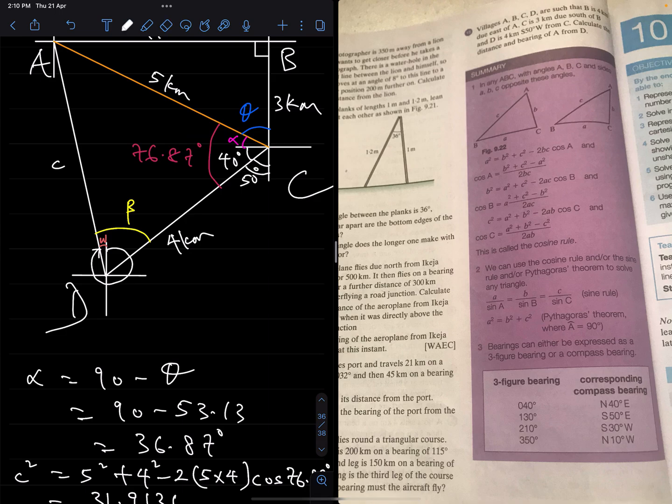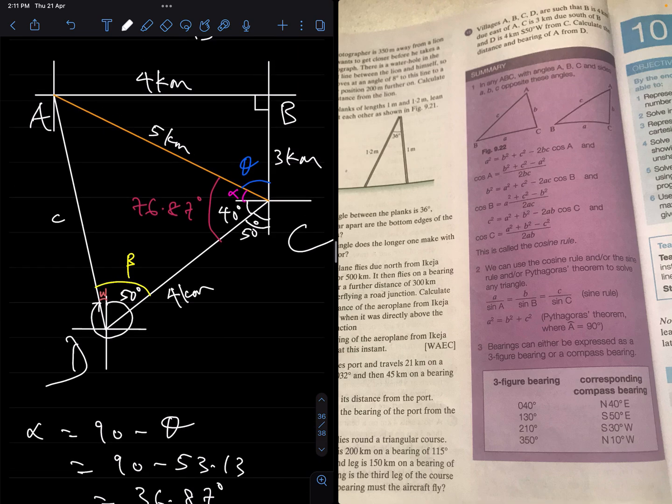If this is 50 degrees, this is also 50 degrees. So that simply means angle W is going to be beta minus 50 degrees, and the bearing I want is going to be 360 minus W. So let's go to that.